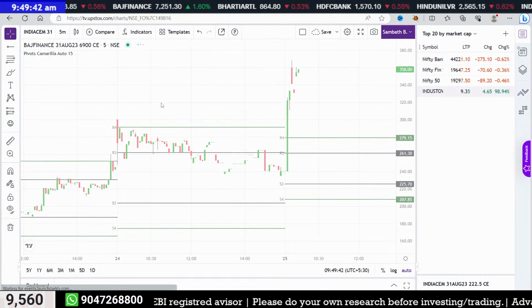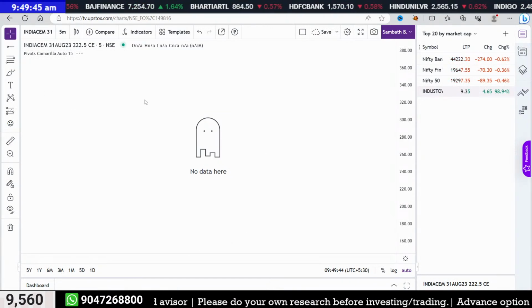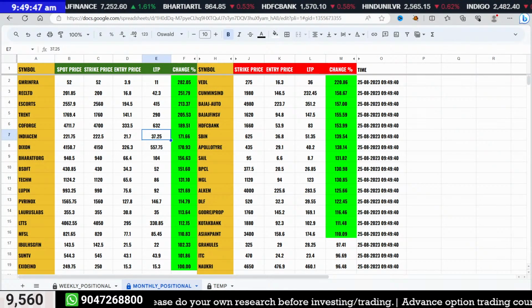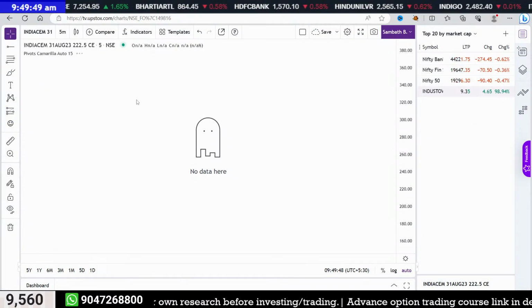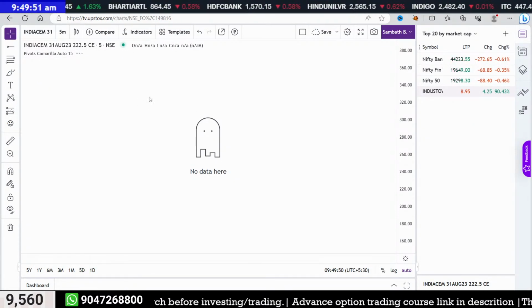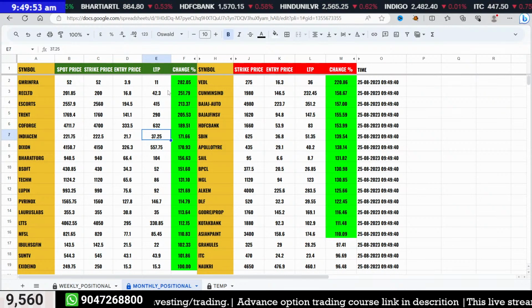222 call option. Look at this, it is not liquid, sorry, not liquid at this moment. 222.5 call. Okay, so I hope you understood.